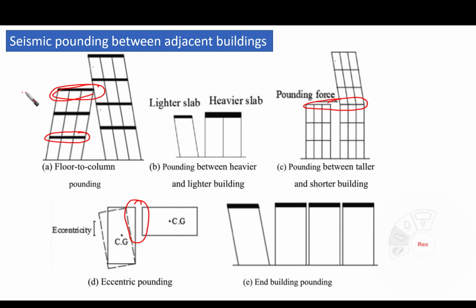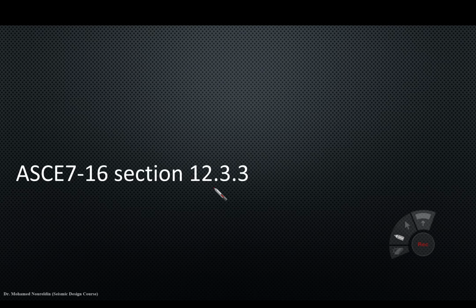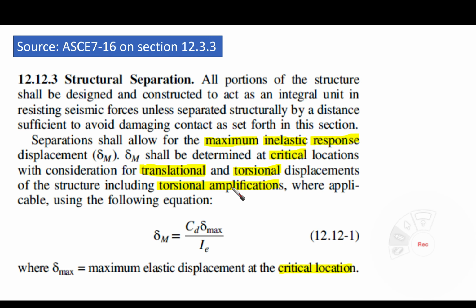The critical one is at this level, the third level, for example, here, and so on and so forth. That's the meaning of delta M shall be determined at critical locations with consideration for translational and torsional. As we said, torsional is going to be taken into consideration.